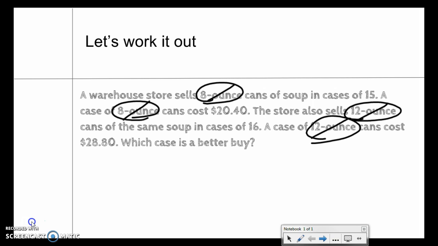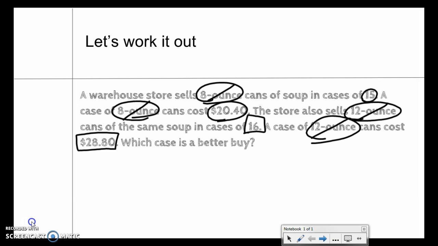Now, you're trying to figure out how much each can costs, because you have a pack of 15 cans that cost $20.40 and a pack of 16 cans that cost $28.80. So let's do our 8-ounce cans first.